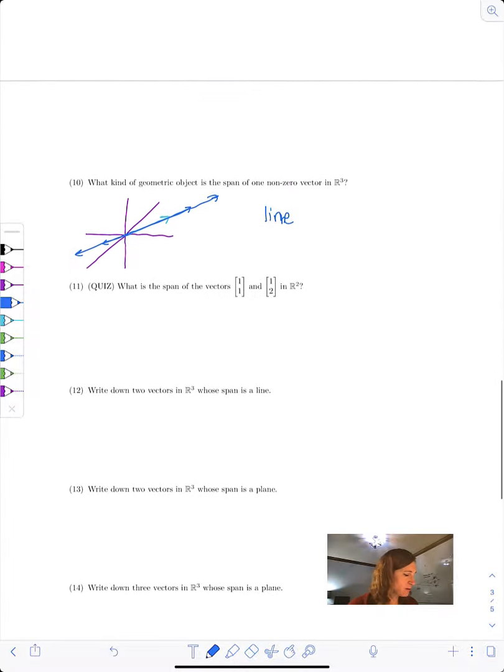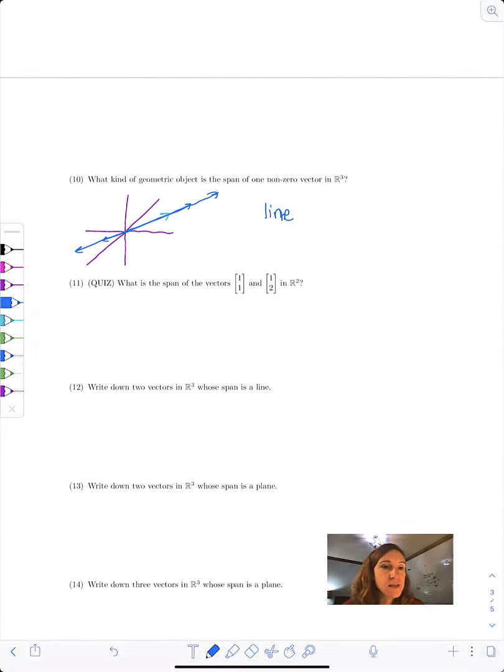Our final quiz question for this particular section asks about the span of the vectors 1, 1 and 1, 2. And I'll give you a little hint to start with. First of all, we have 1, 1 goes like this, and 1, 2 goes like this. Maybe I'll draw this in a different color.